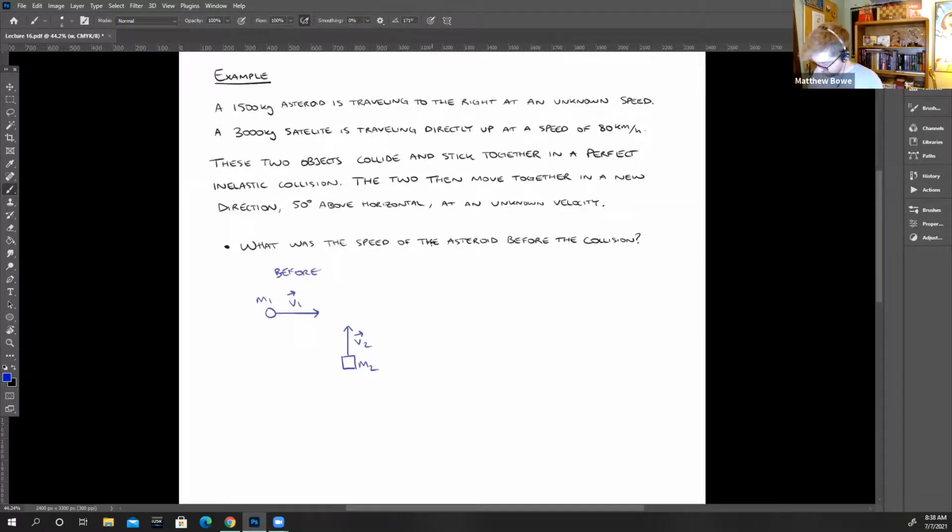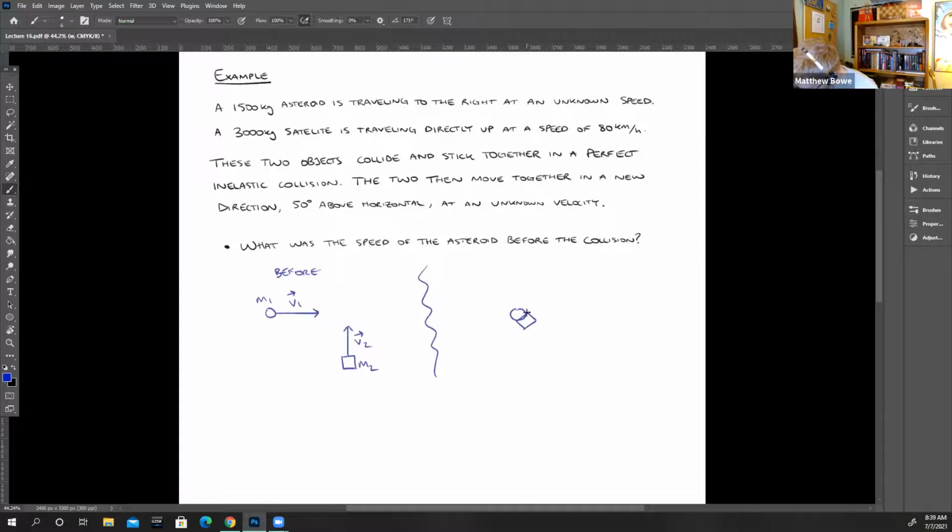They happen to collide and then move at a new sort of trajectory. Let me draw the after scenario. I'm not going to add it here because that'll probably make this picture a little cluttered. What I'm going to do is combine these two right here, like that.